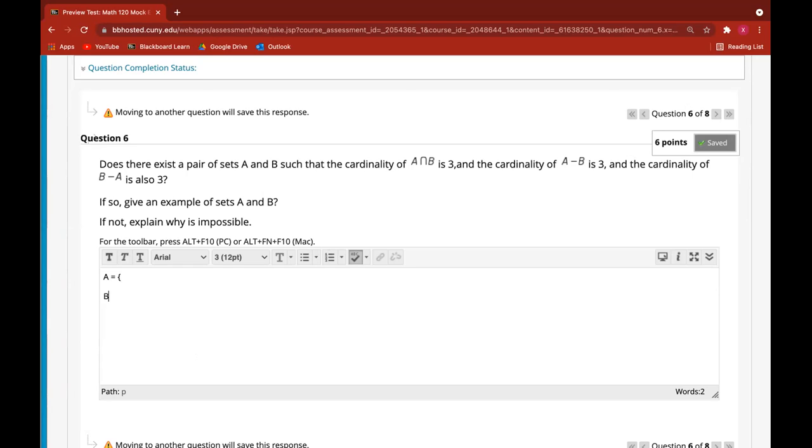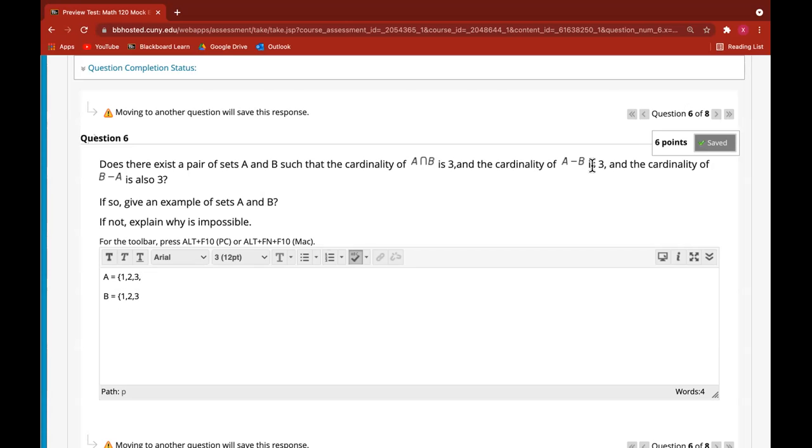Now let's see how we do it. First, we know their intersection is 3. That means they will have 3 elements in common. If we just use numbers, we can do 1, 2, 3. So let's say they both have 1, 2, 3 in common. Then their intersection will be 3.